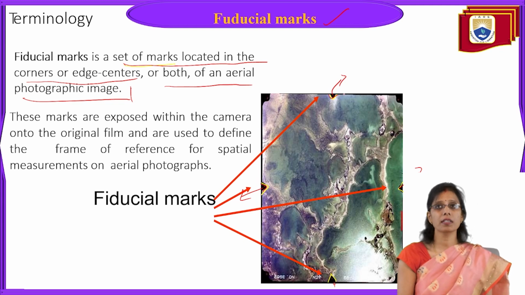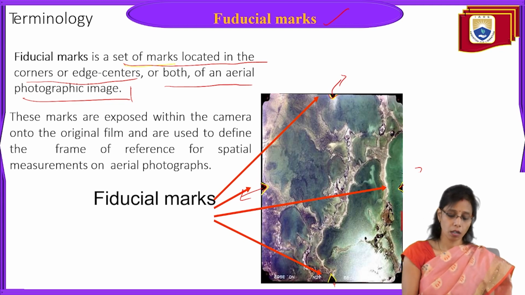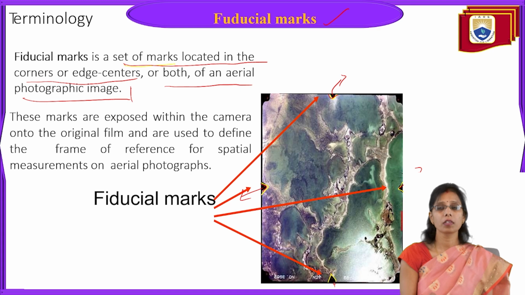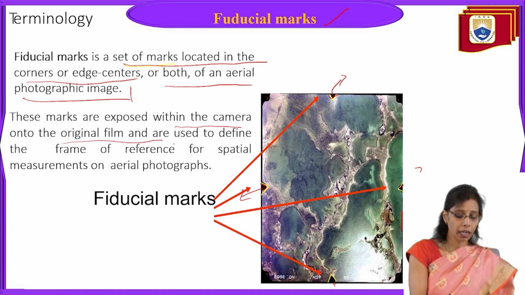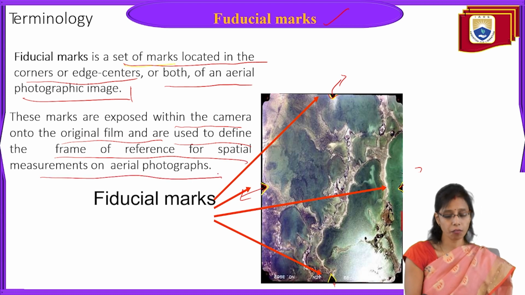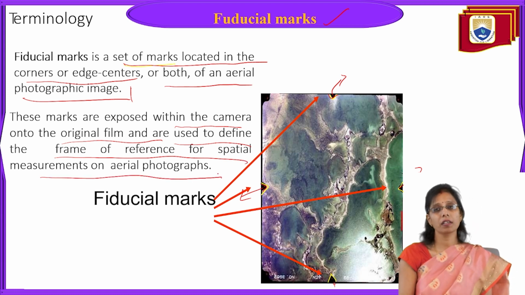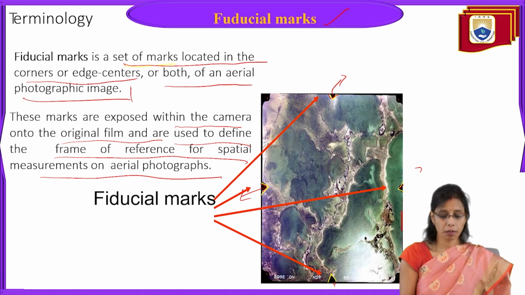Every aerial photo has these 4 marks, one at the center of each side. These marks are exposed within the camera onto the original film and are used to define the frame of reference for the spatial measurements of the aerial photographs. So if you want to measure the height of a building or of any object, these marks are very important. They play a very important role in further measurements.